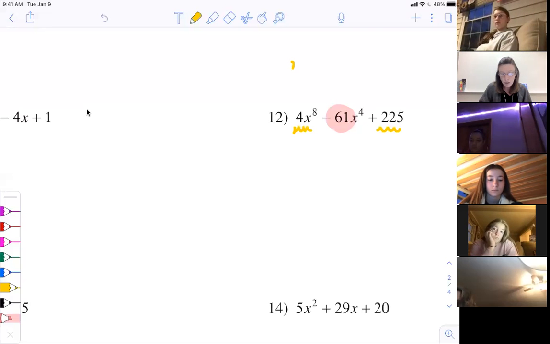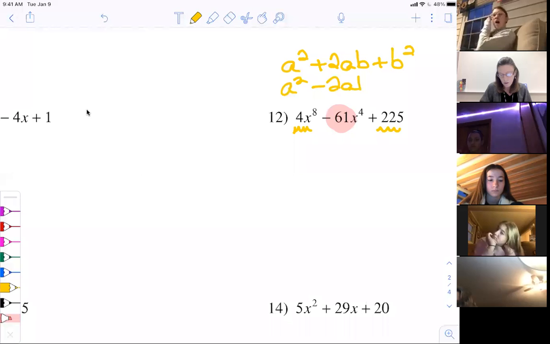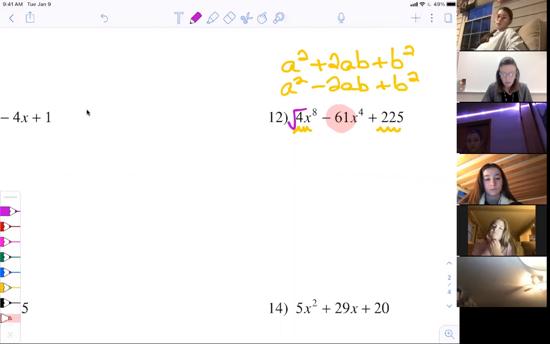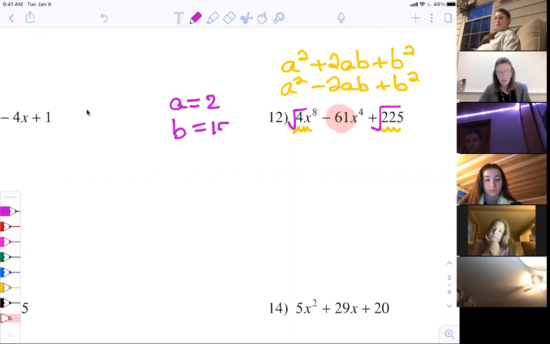However, for this to be a perfect square trinomial, the middle number is supposed to be twice the square root of the first number and the last number. So if I took the square root of the first number and the square root of the last number and multiplied those together, I get 30.